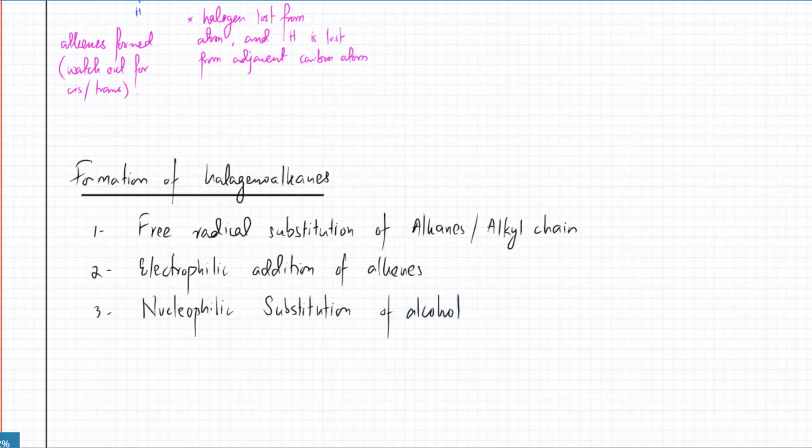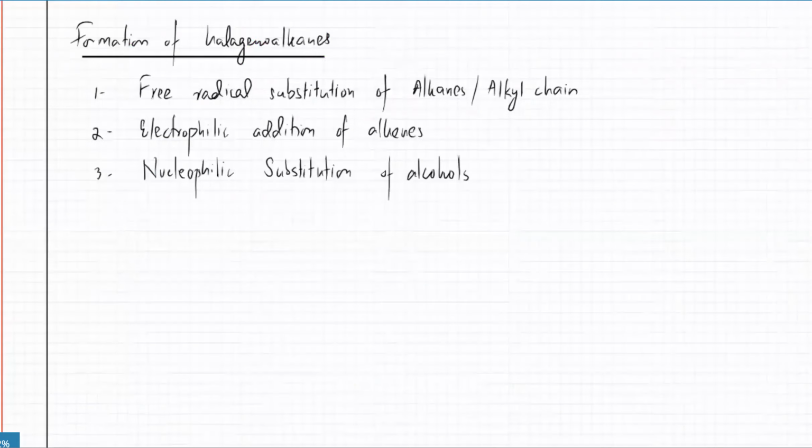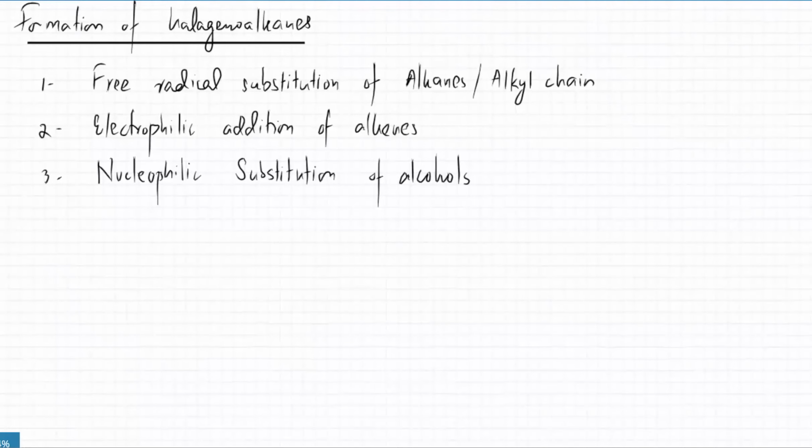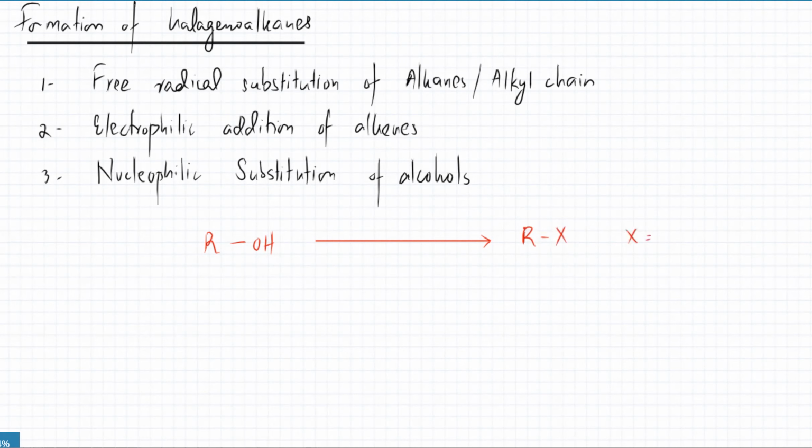I'll just talk about this one a little bit. When you have an alcohol, let's say you have OH, the OH can be replaced by any halogen. It could become RX, where X could be Cl, Br, or I. There are a number of reactions.